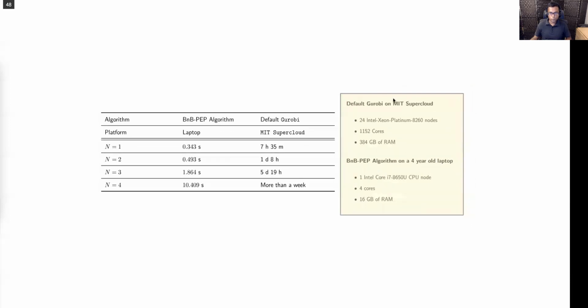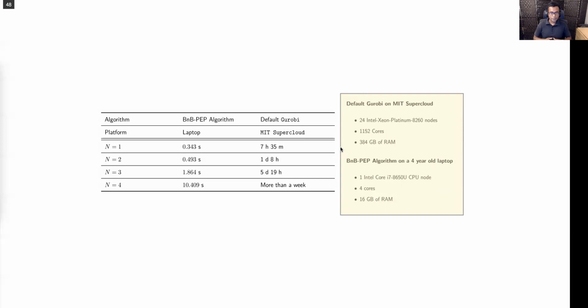And here I am trying to show the resource difference between my laptop and MIT SuperCloud. So as you can see, even if we give Gurobi all the resources in the world, if you don't exploit structure, it's not going to work well. Now, of course, this is not any criticism of Gurobi.